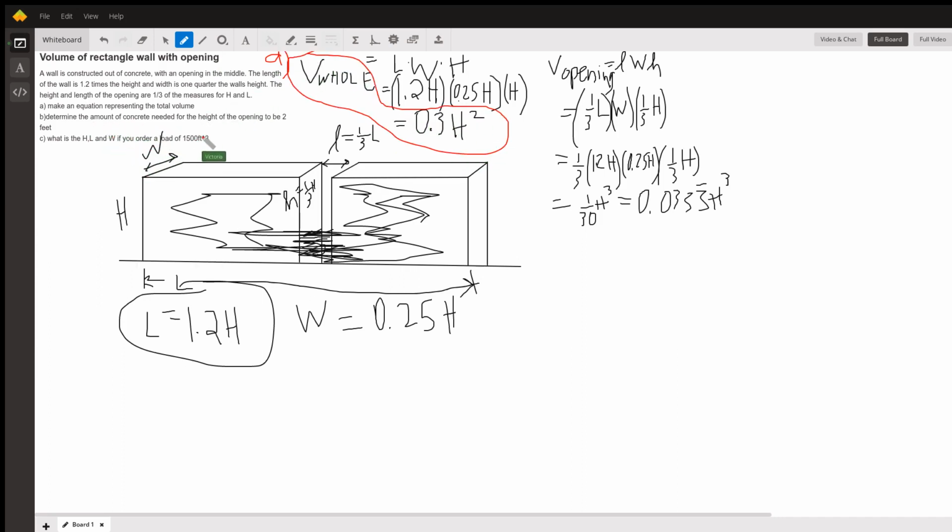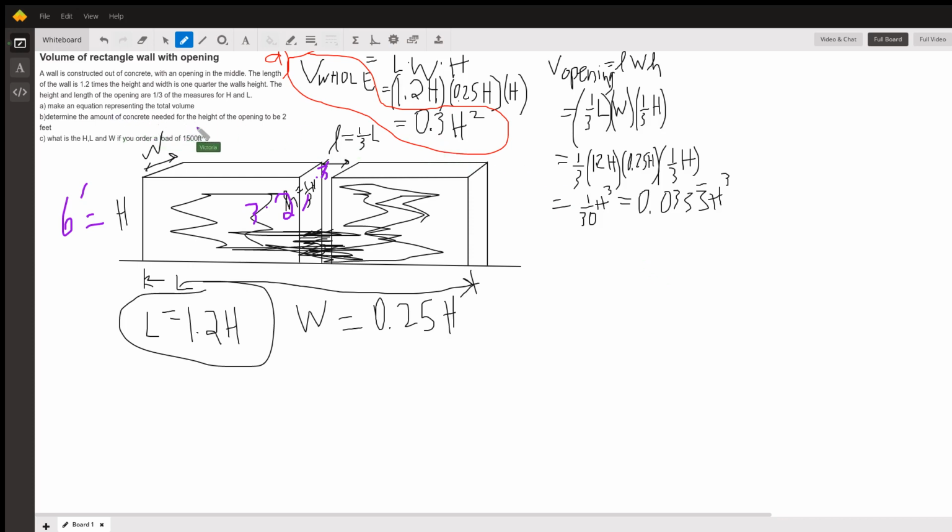Part B: determine the amount of concrete needed for the height of the opening to be 2 feet. Well, look at that, they gave us some help here. If our height of the opening is 2 feet, then we multiply both sides by 3 to solve this, and we find that the actual H for this part is 3 times 2, which is 6 feet.